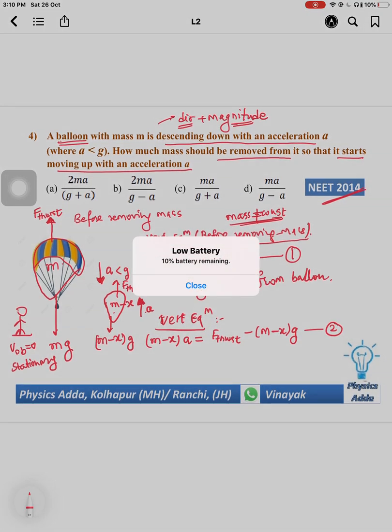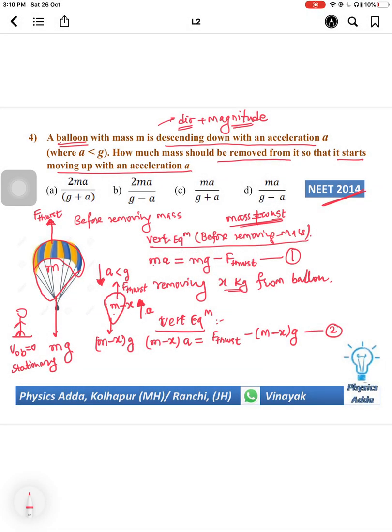So I'll get ma plus (m minus x) into a is equal to, F thrust gets cancelled, mg minus (m minus x) into g.